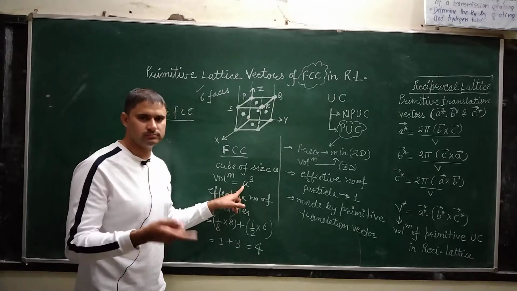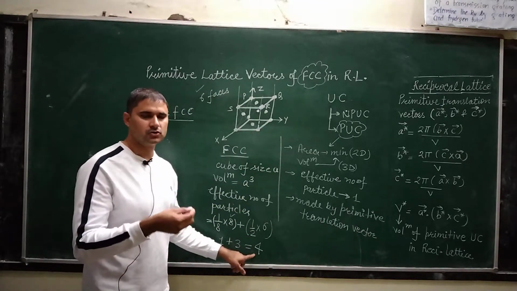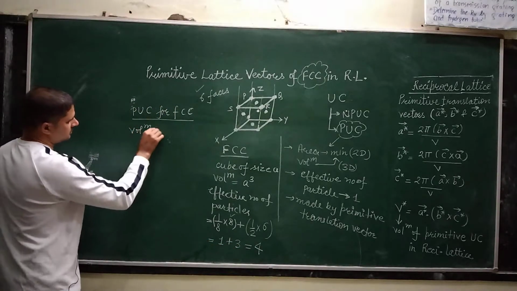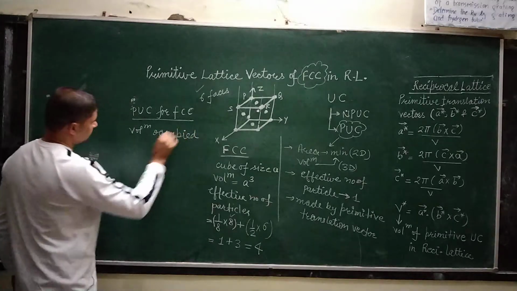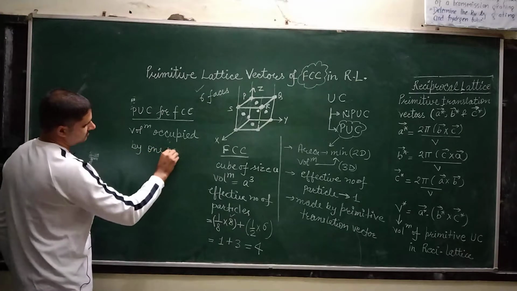A cube volume in FCC is occupied by 4 particles. So what will be the volume occupied by 1 particle?